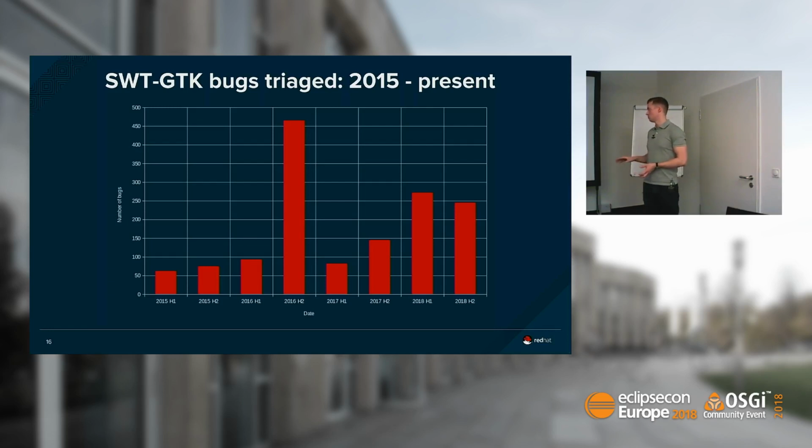So in total, we closed almost 1,400 of these in the last 3 years. The biggest year being 2016. There's over 450 tickets triaged, which was quite a bit of work. That was like 50 bugs closed a day for 2 weeks. And that was like a full-time job for me, which can get pretty tedious after a while.